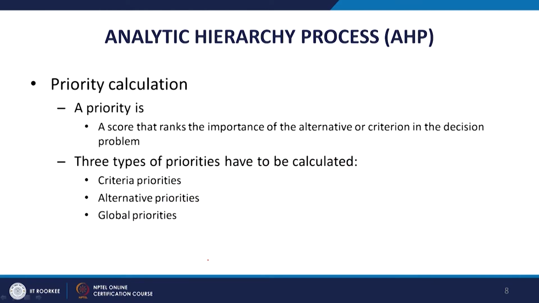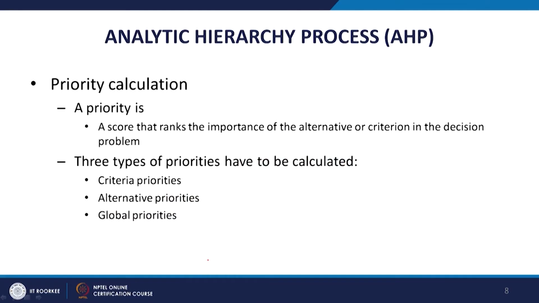In this step we will talk about the steps that are required to compute this. Typically there are three types of priorities that we have to calculate. The first one is criteria priorities. First, among the criteria we have to do pairwise comparisons, and based on that we will be computing criteria priorities. Then there are alternative priorities.